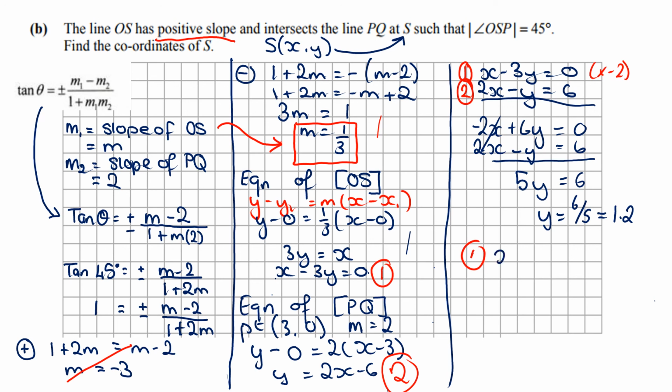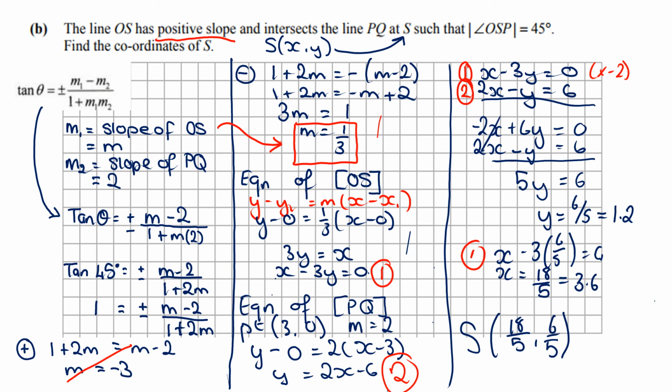And we have x minus 3 times 6 over 5 is equal to 0. So x is equal to 18 over 5 or 3.6. So the coordinate here, 18 over 5, 6 over 5, that is the coordinate of S.